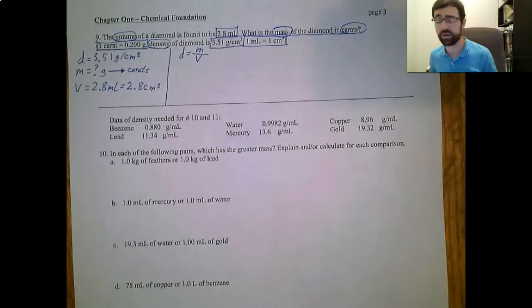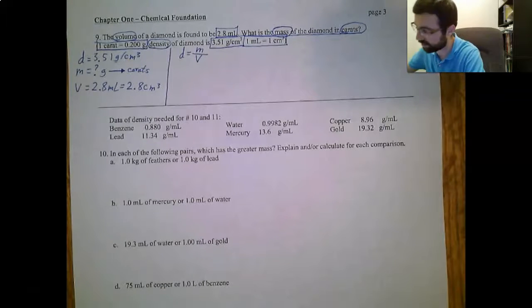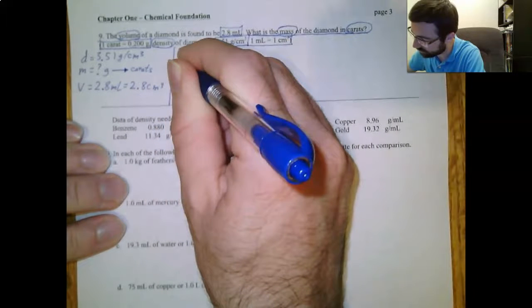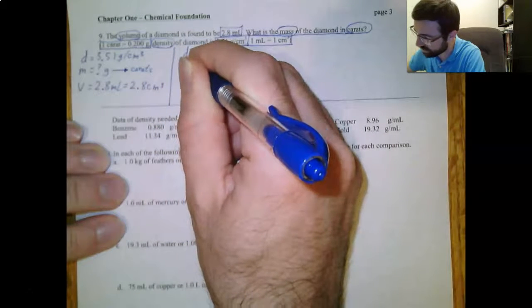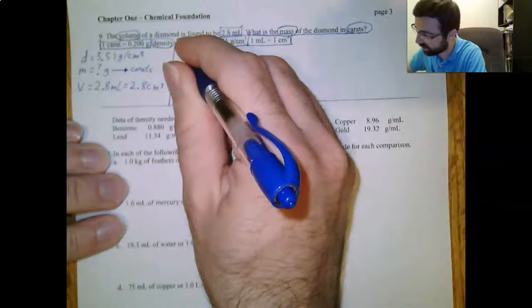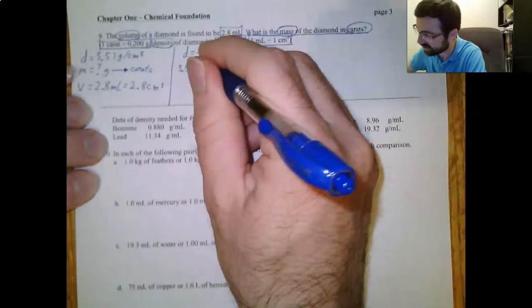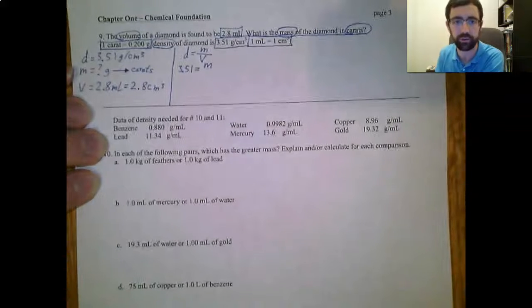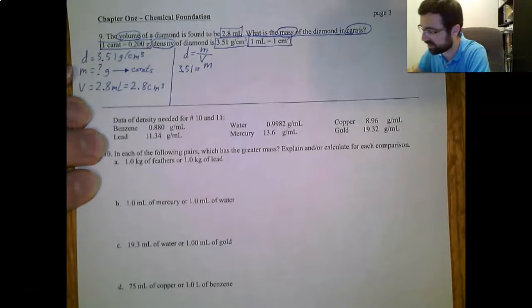Okay, so we're going to plug these numbers in where they belong. I have density, so I'm going to put 3.51 equals, okay, that was my density. M, I don't know M, I've got to find it, so I'm just going to leave that as M. I may as well call it X if I wanted to, but it's still a letter.